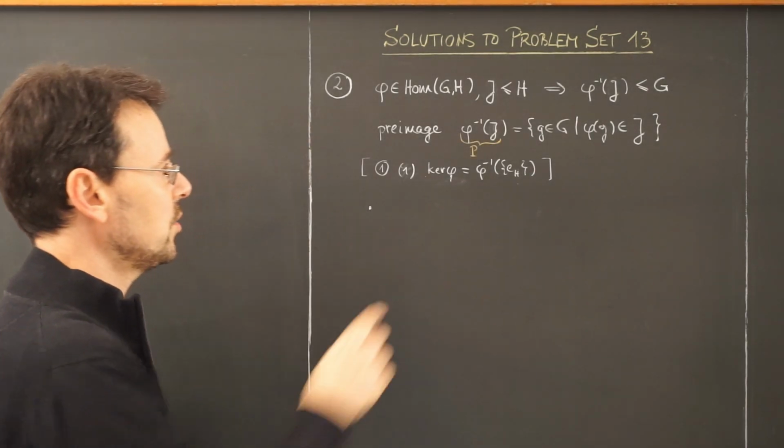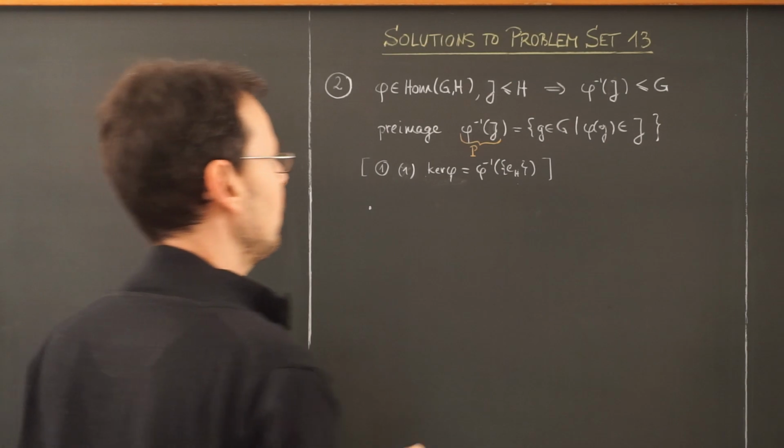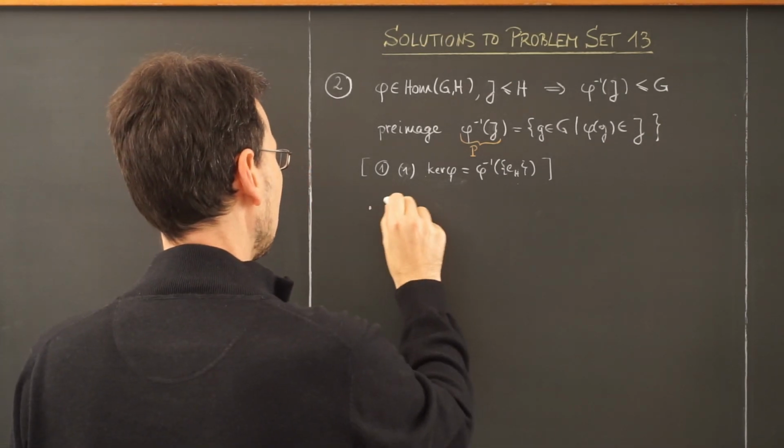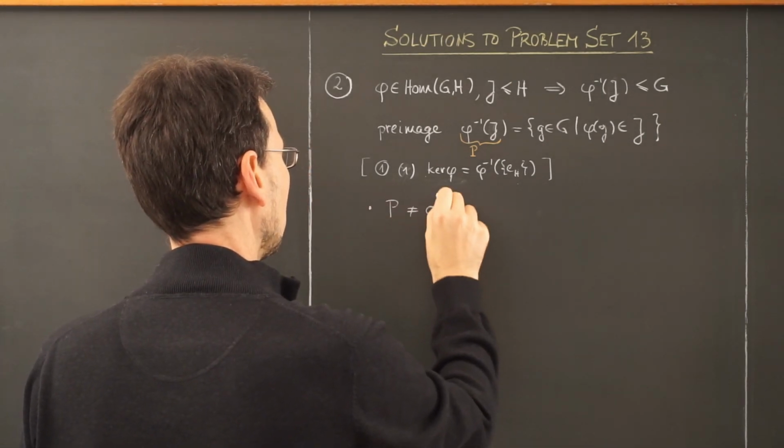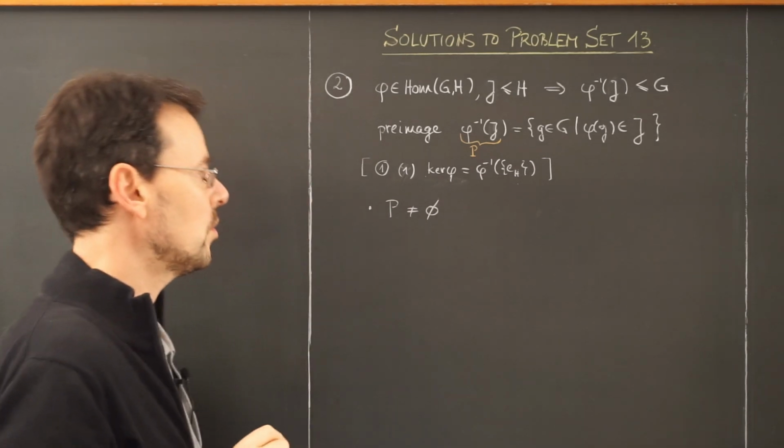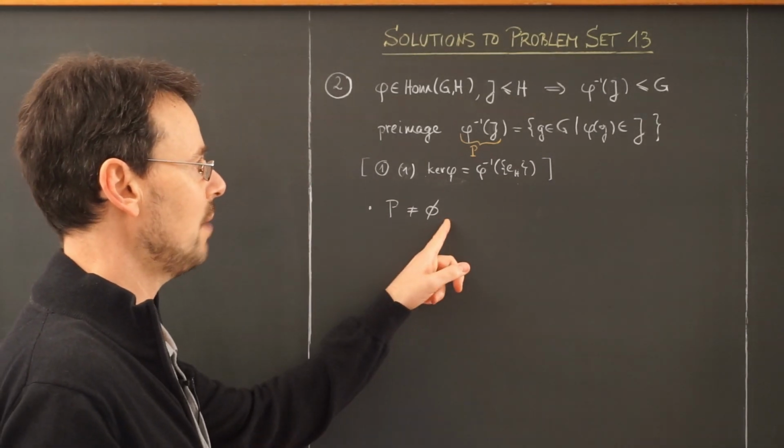Okay, to ease the notation, we abbreviate this here with capital P. And first we need to show that this here is not the empty set.